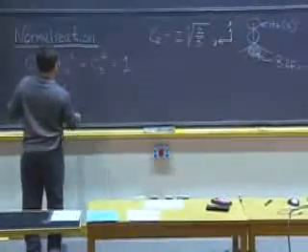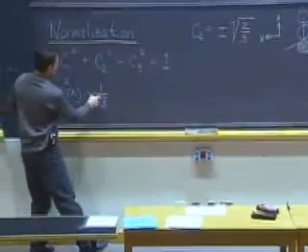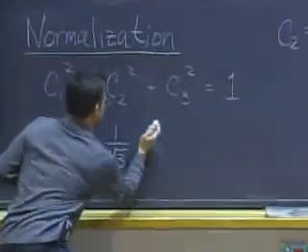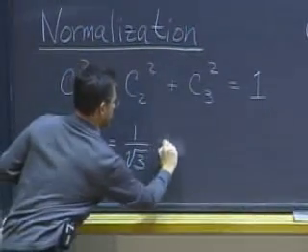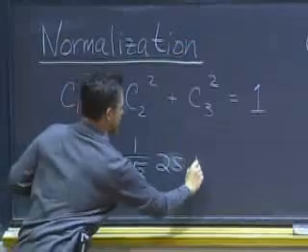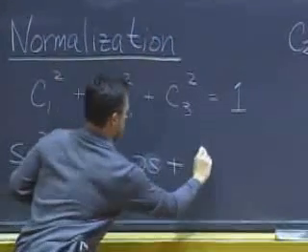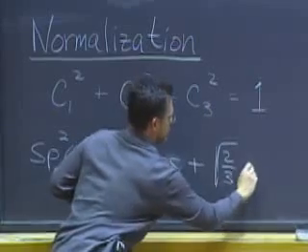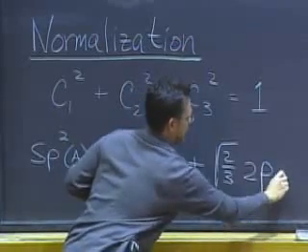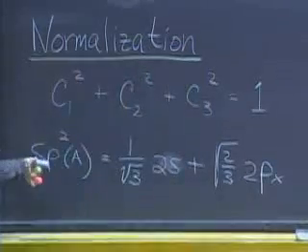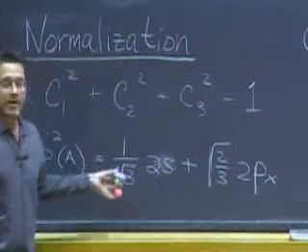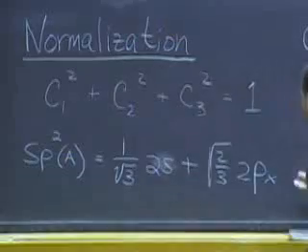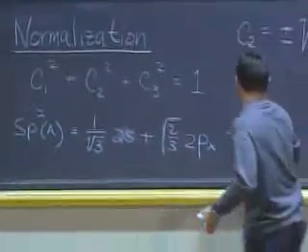And so we know that sp2 of A is equal to 1 over root 3 times the boron's 2s orbital plus square root of 2 over 3 2px orbital. And now that we've got the coefficients on that hybrid orbital, we can draw a picture of what that is.